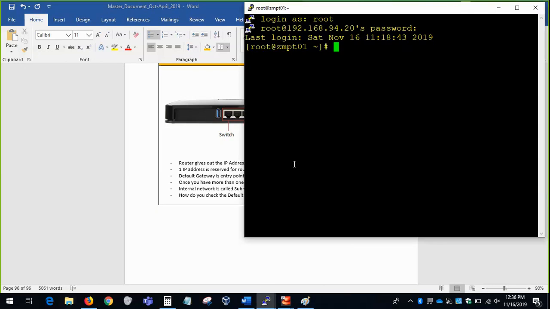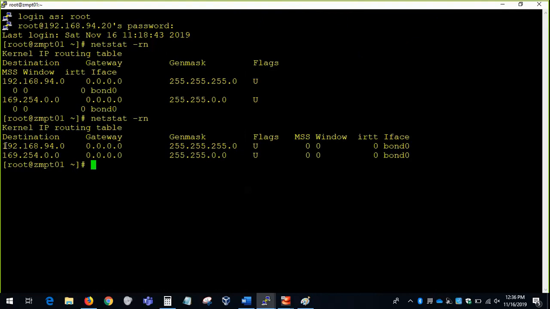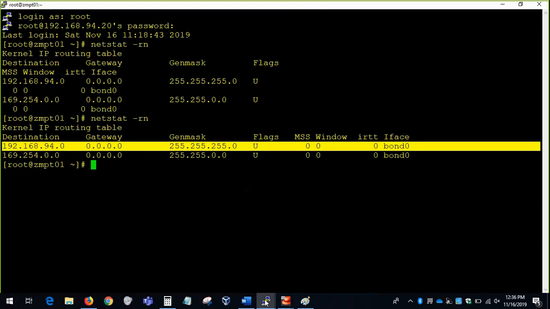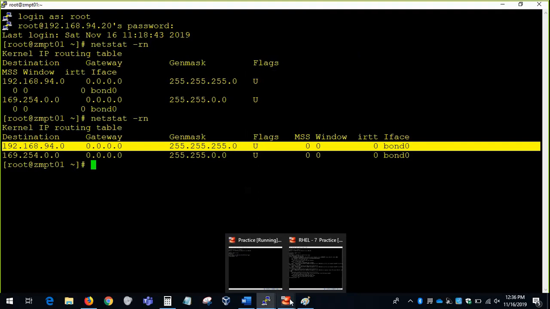So the command, this is the default gateway here, 192.168.94.0. So let's go check it out and find out if it's true.